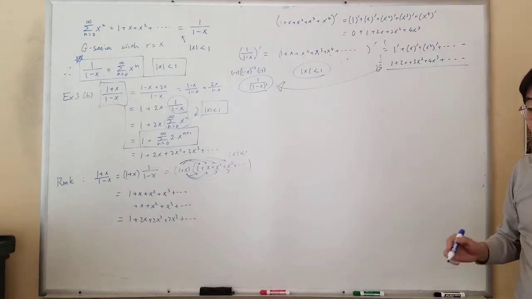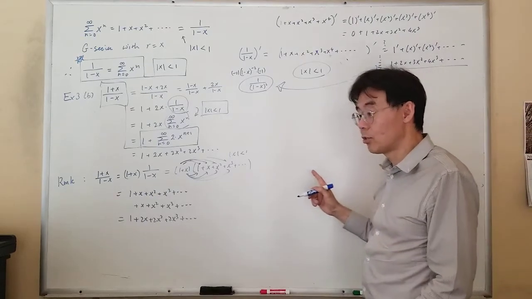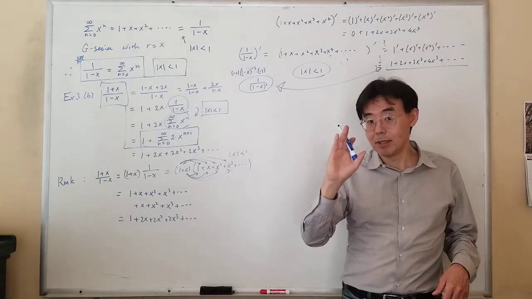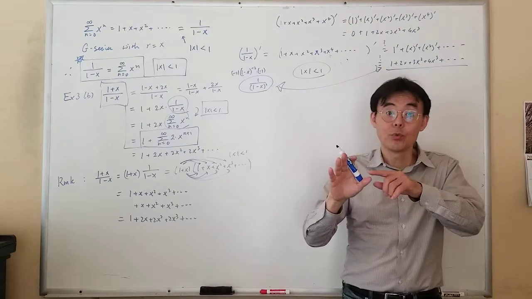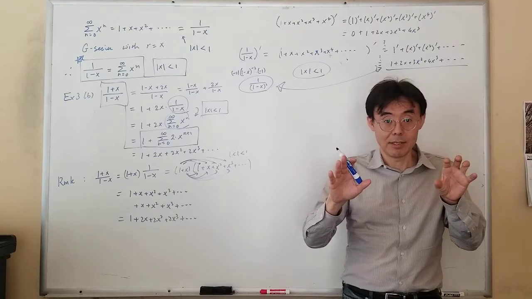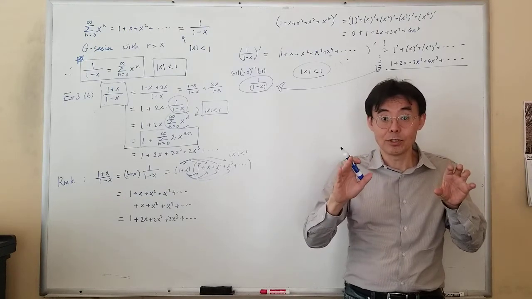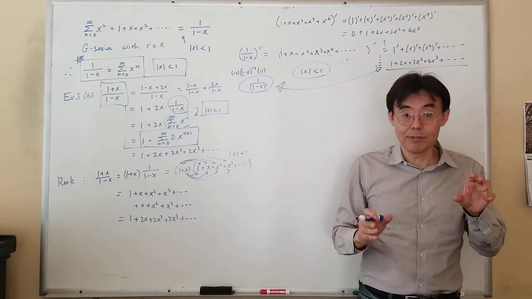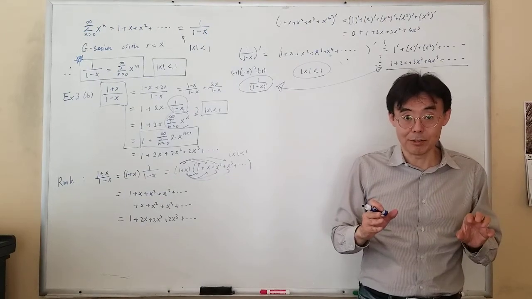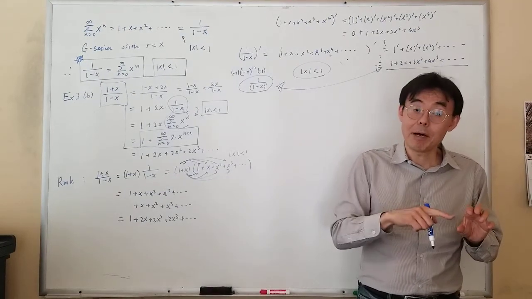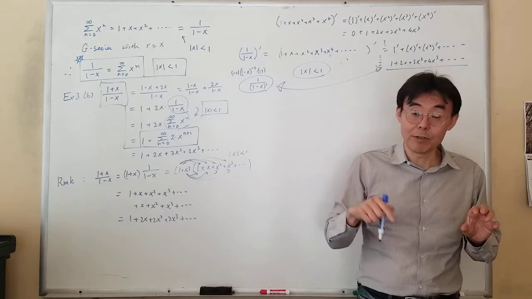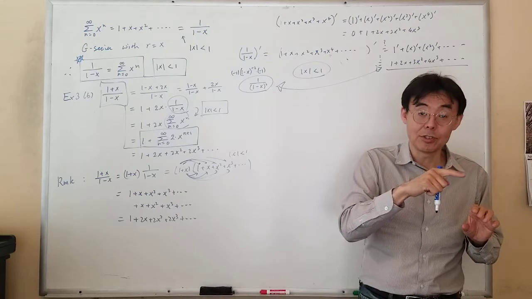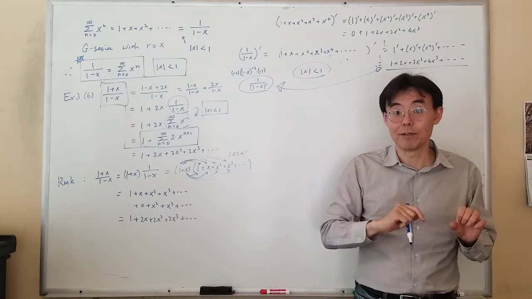Okay? So what we are trying to say is that if you have a function which has a power series representation, then that function has a derivative, and its derivative has its own power series representation. And that power series representation of the derivative of the original function can be obtained by taking term by term differentiation of the power series of the original function.